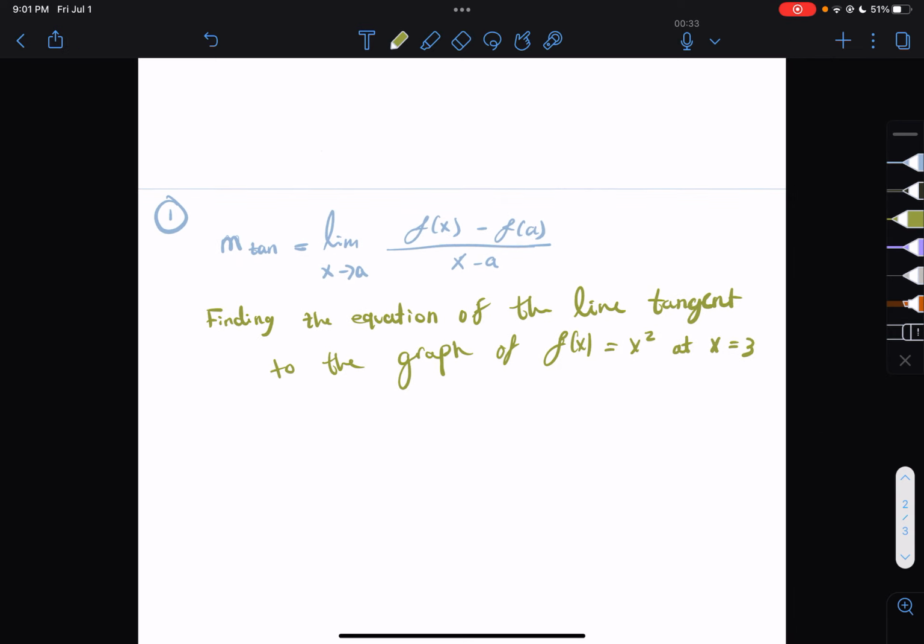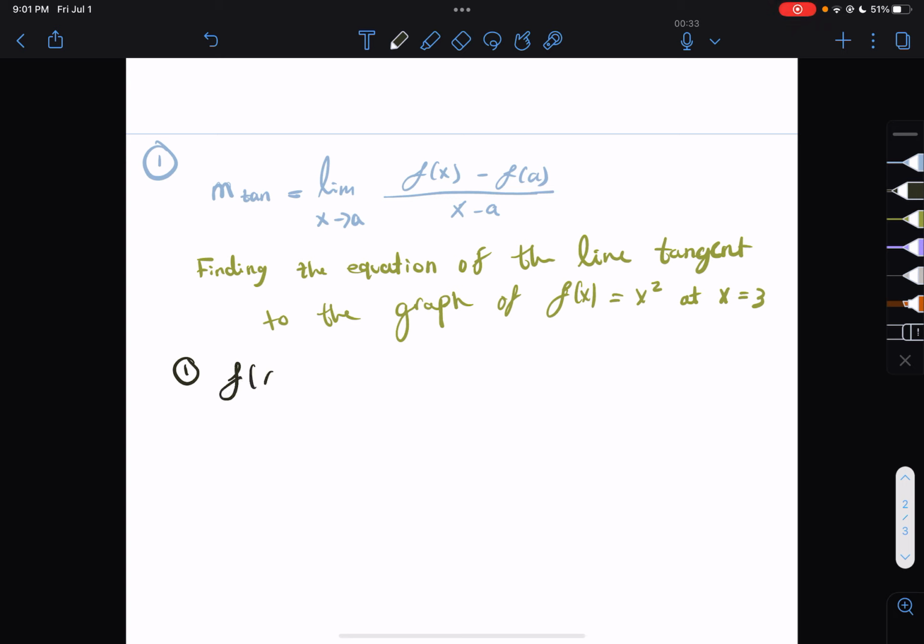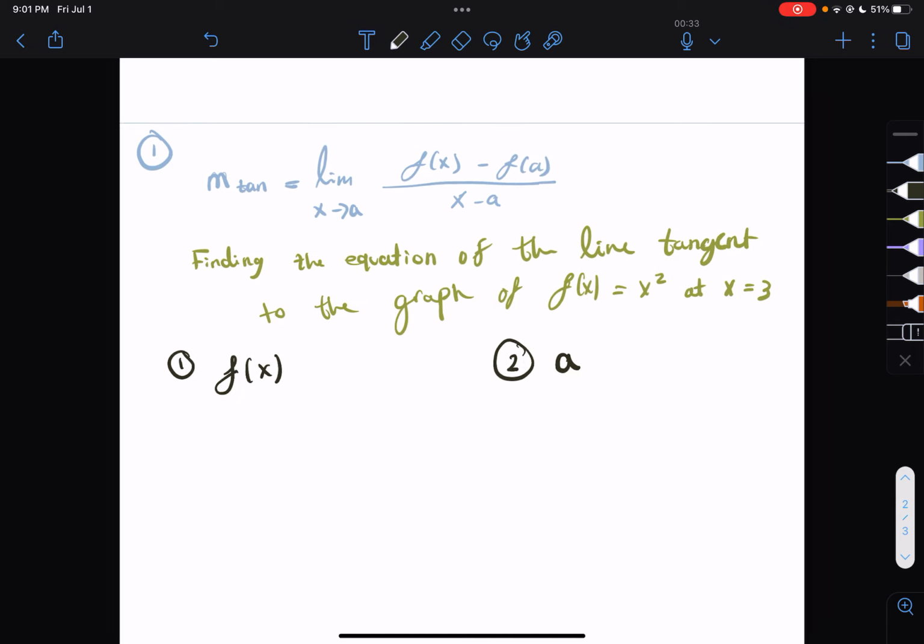So firstly, we have to keep in mind that we need to first find f of x, and secondly, find a, just to keep that in mind.